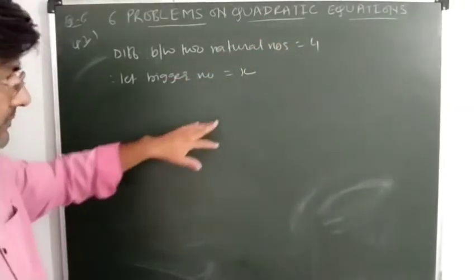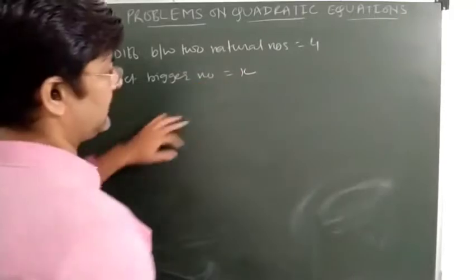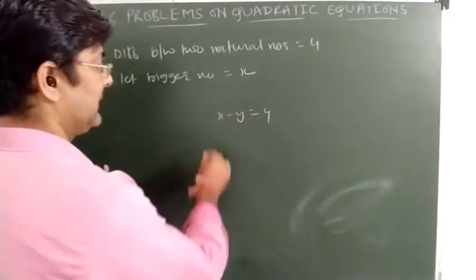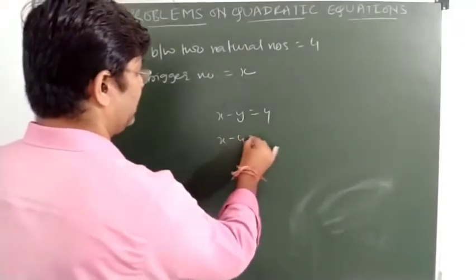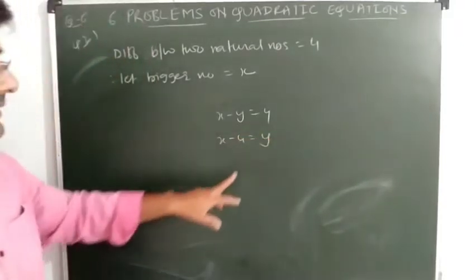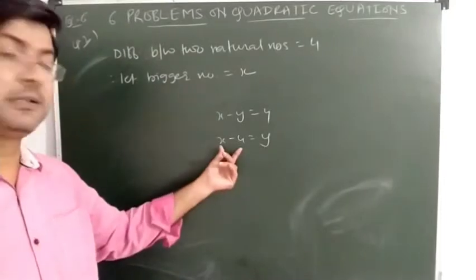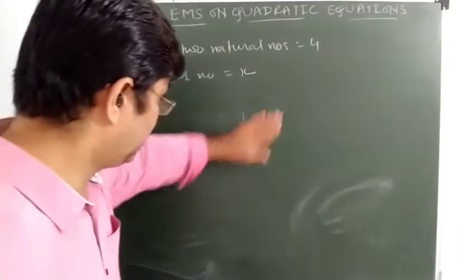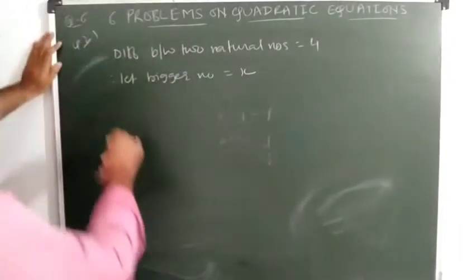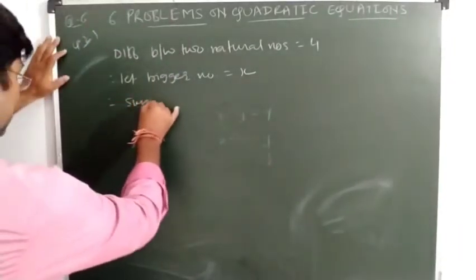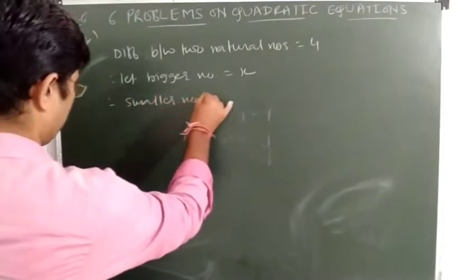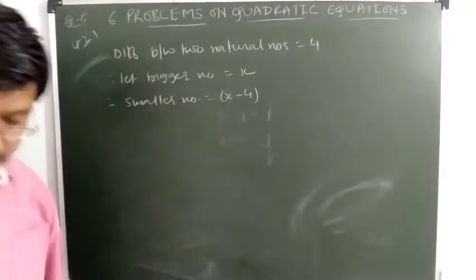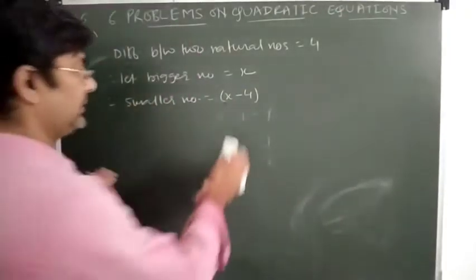Suppose the smaller number is y, then x minus y is equal to 4, and therefore x minus 4 is equal to y. So the smaller number y is x minus 4 in terms of x. Clear? How this x minus 4 came, I have explained to you.